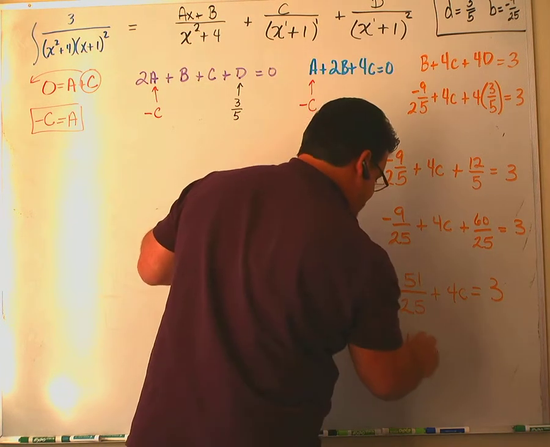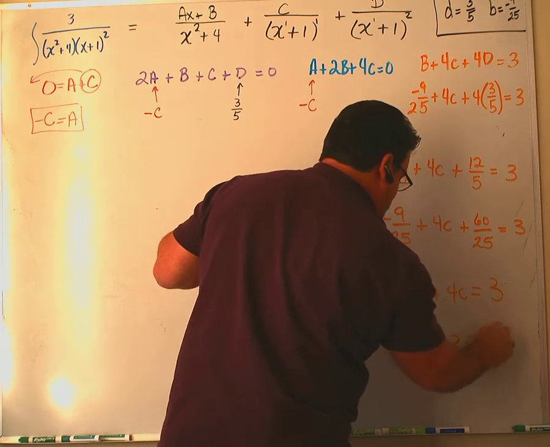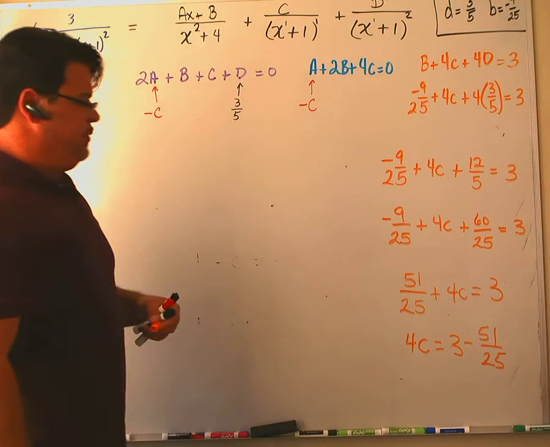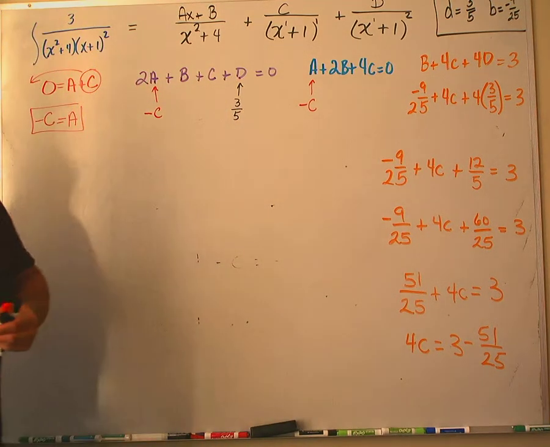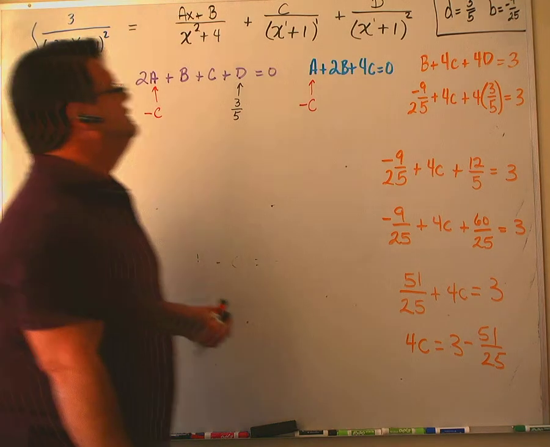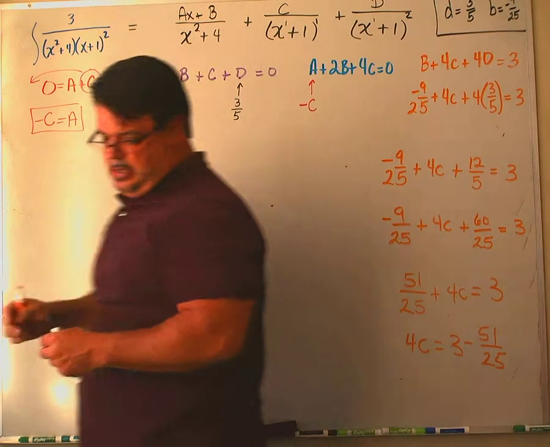And 4C is equal to 3 minus 51/25. Well, 3 is 75/25. Hold on just a second, I might have an error there.